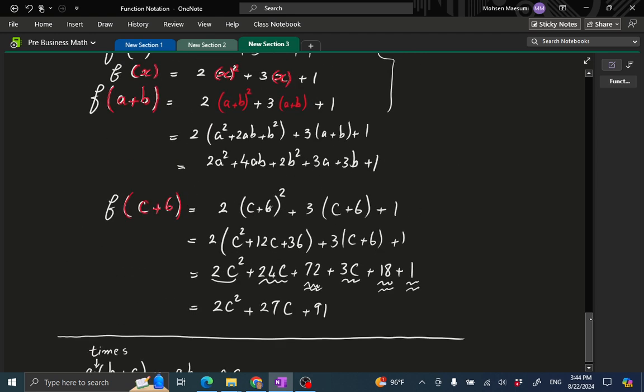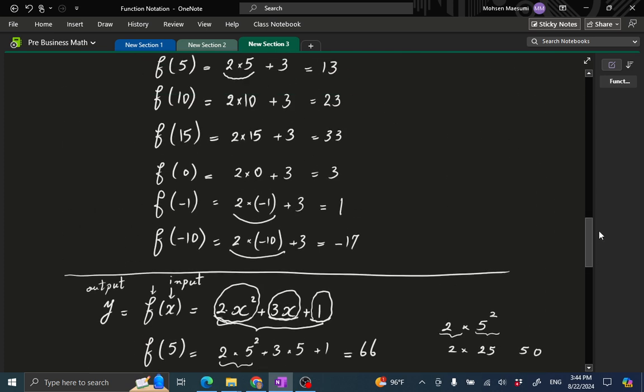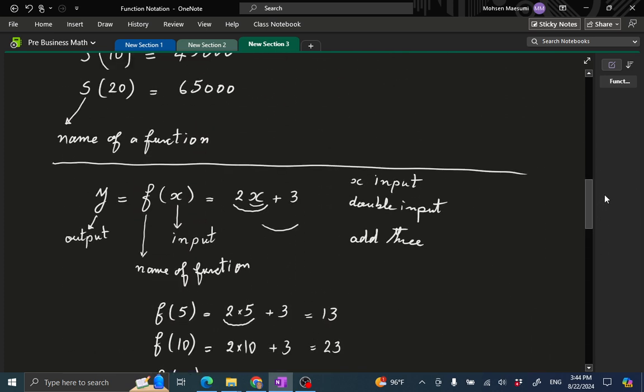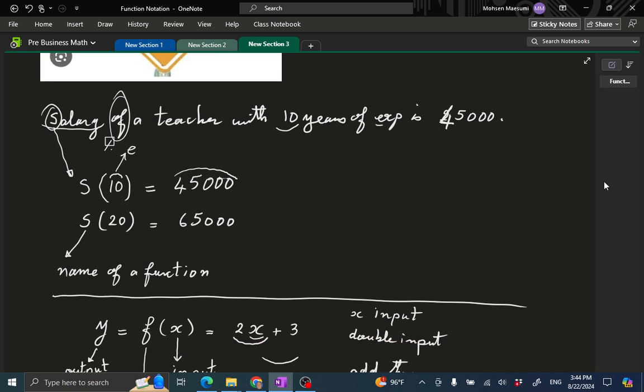We are dealing with an entirely different thing here. We are saying f of. We are not saying multiply f by something. We are saying f of. And what was f? f was the name of a function. So when you are saying, for example, salary of a teacher, you are not saying multiply s by 10. You are telling yourself s is a placeholder for the word salary.